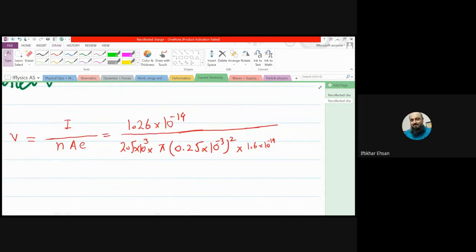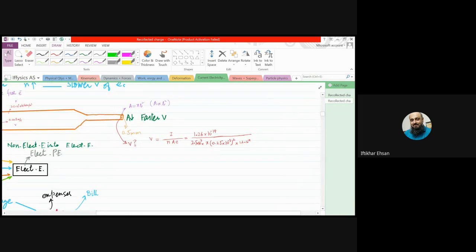Yes, sir. Right? So this is how you can find the speed. Can you note it down, please? Please tell me when you're done.